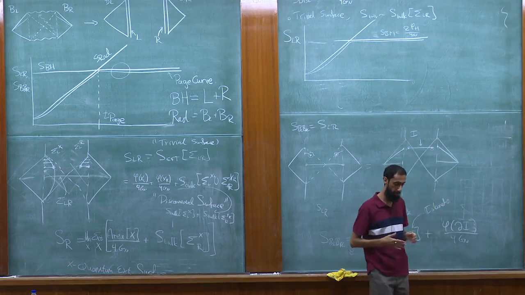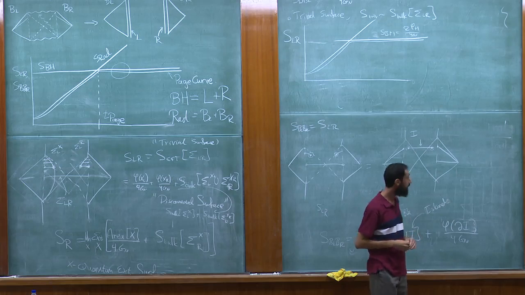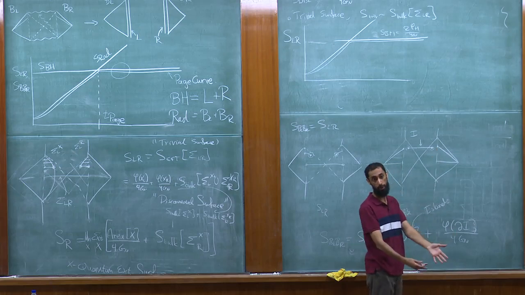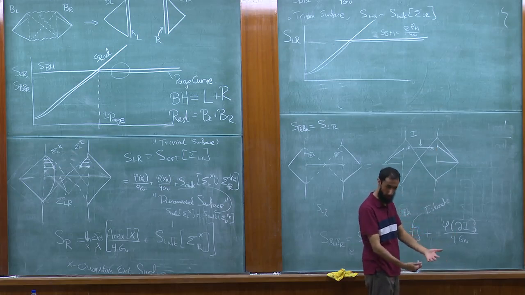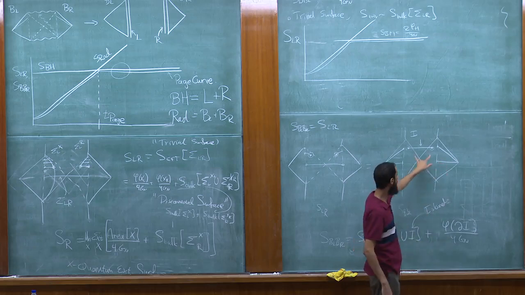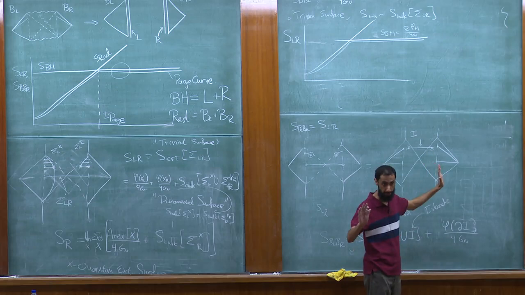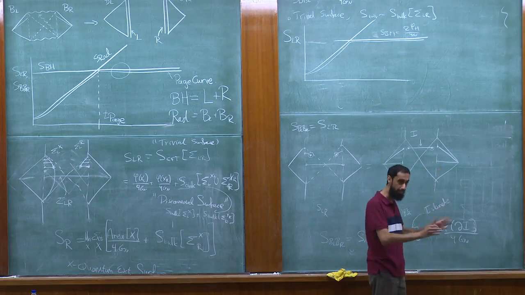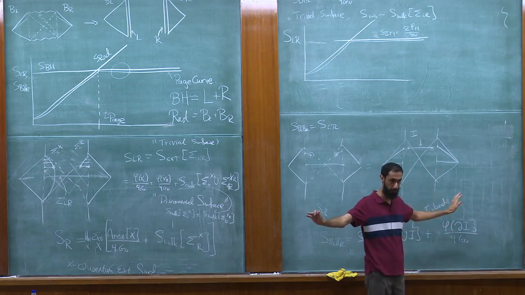To actually check, what you should do first is decouple the two systems, then compute the entropy, look for the quantum extremal surface, or rather look for the island. And if you land on this, then wherever that island is, you know that that part is actually dual to the bath. Okay?